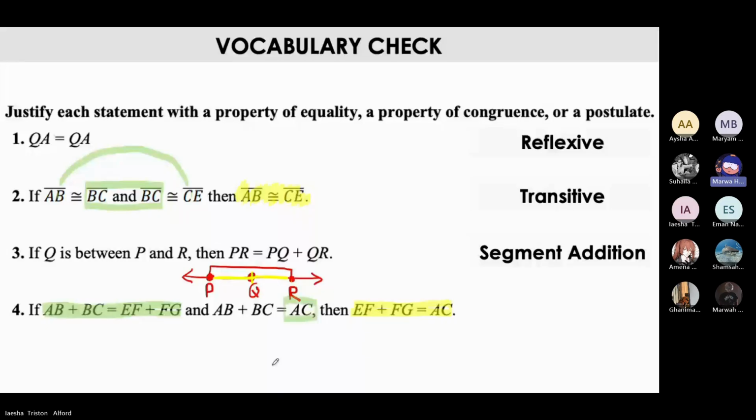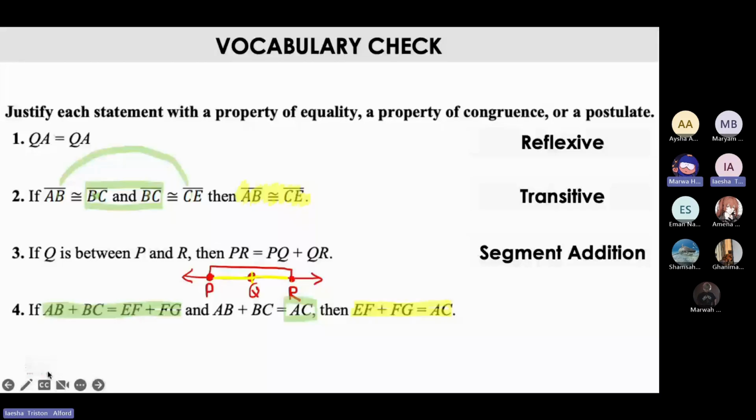Did they skip the middle? Skip the middle means you have to have the same thing twice, like this, in the middle of the two things. I think midpoint? No, it has to say midpoint. If you want midpoint, it has to say in the line, midpoint.